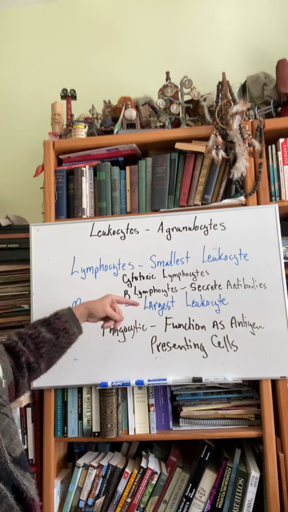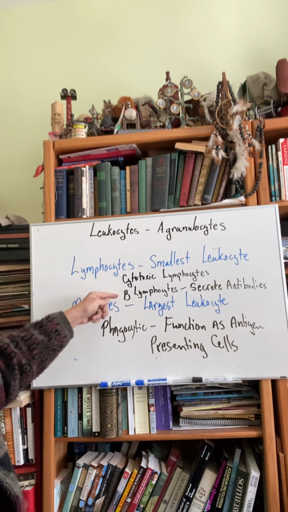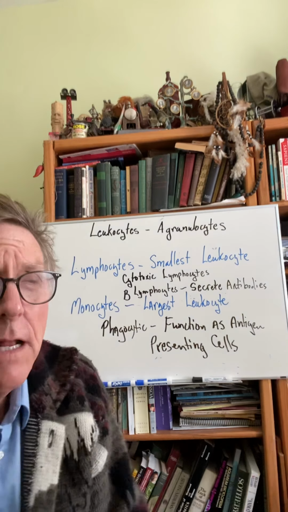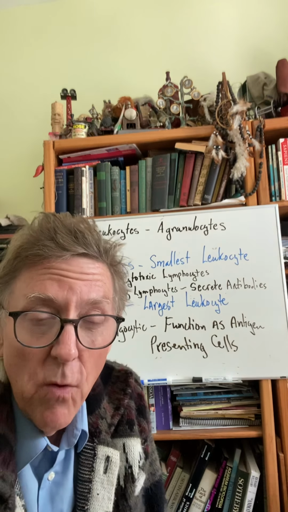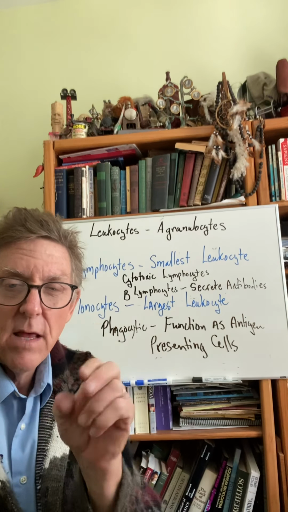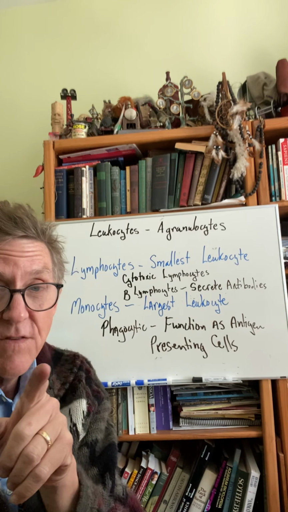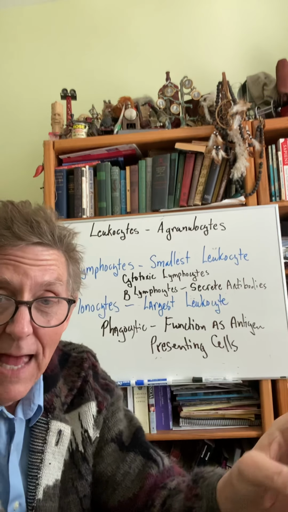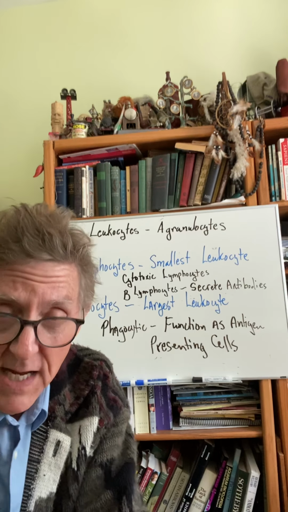Now, the other kind of lymphocyte is this B lymphocyte. It's a B cell. And if you think about immunity, I'm sure everyone knows there's something called antibodies out there. Antibodies are proteins that will bind to a pathogen, again something very particular.